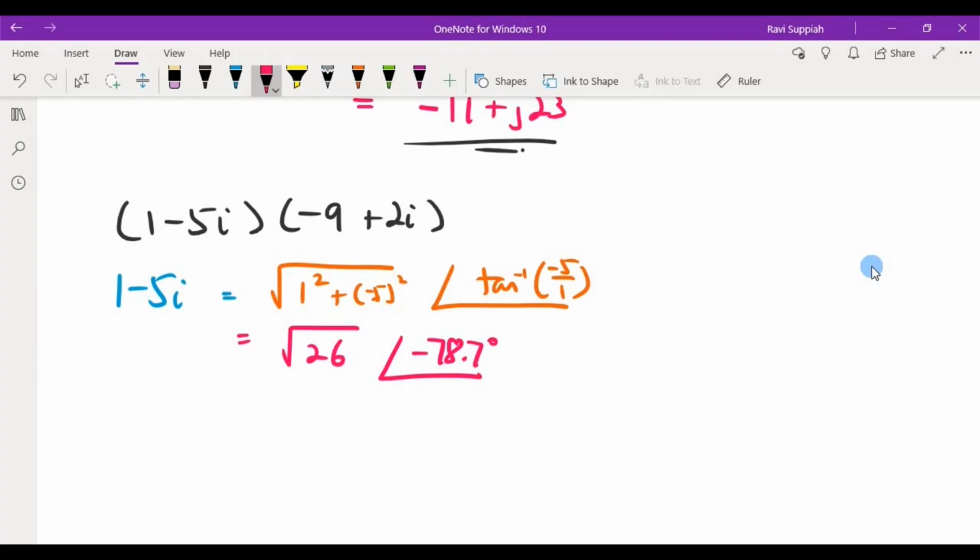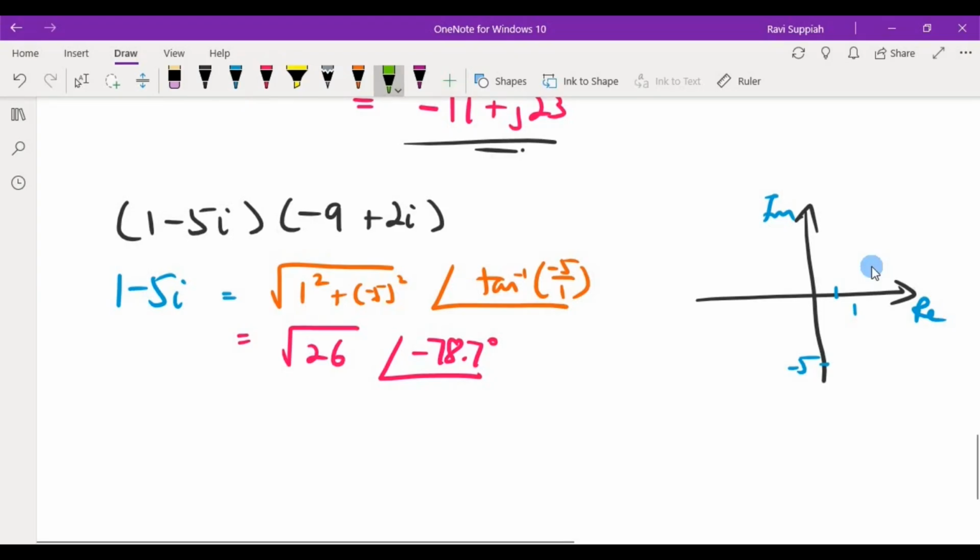Okay, so as you can see, this number here is 1 minus 5i. So if I were to draw the complex plane here, this complex number would be 1 here in the real axis. Okay, so this is the real axis, this is the imaginary axis. Under the imaginary part, it would be here, minus 5.